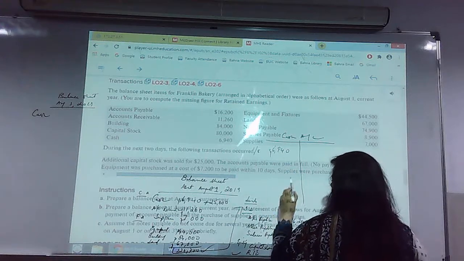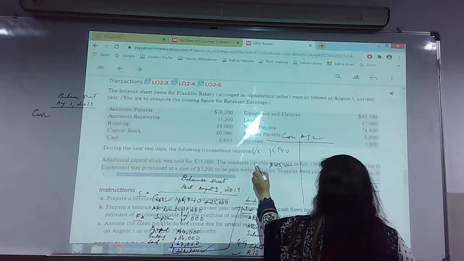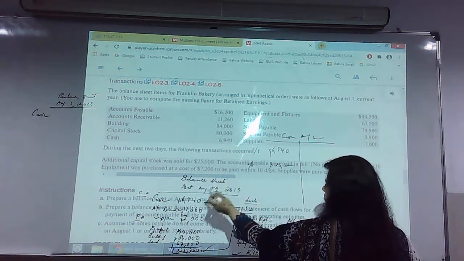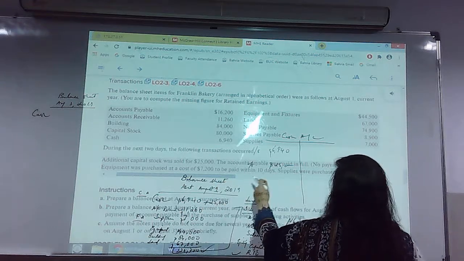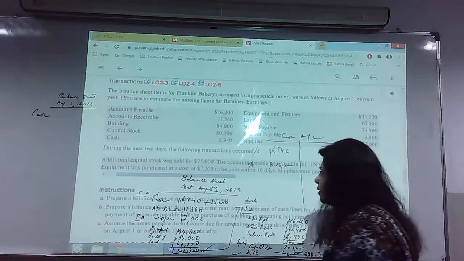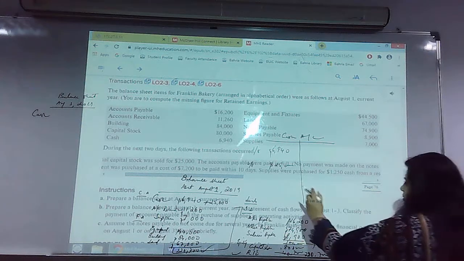Now, when you had further cash, this was against capital stock on perhaps 2nd August, or whichever date, let's just confirm. So yes, 2nd August. This was sold for $25,000, so I'm going to be adding on 2nd August.